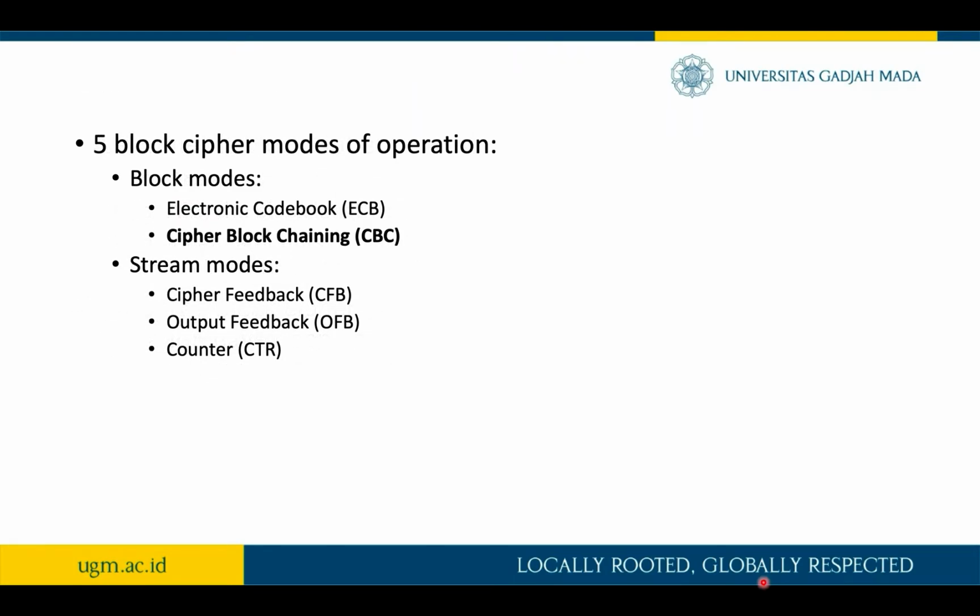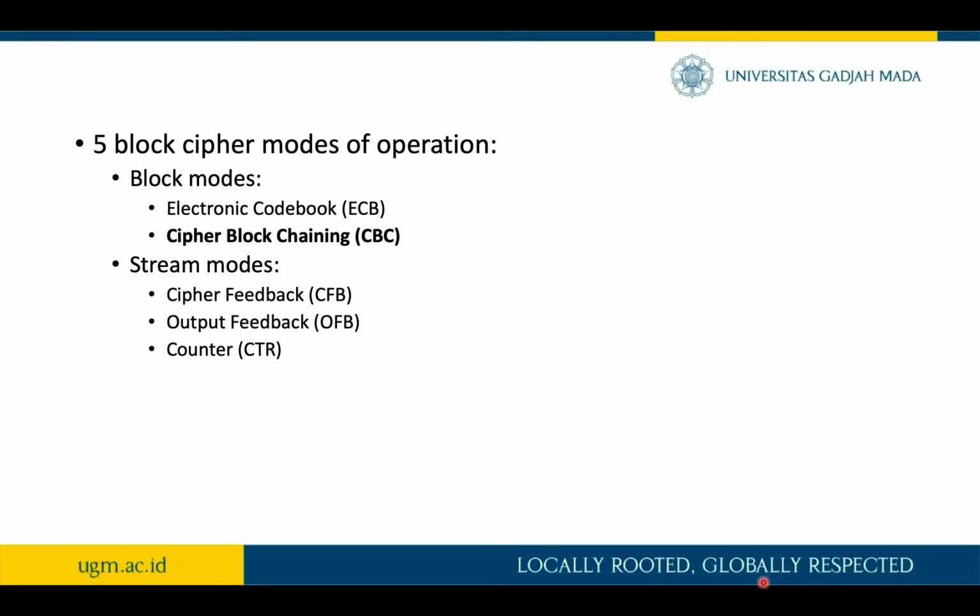The 5 block cipher modes of operation are categorized into 2. The first one is block modes. The second one is stream modes. For the block modes, we have electronic codebook and cipher block chaining. For the stream modes, we have cipher feedback, output feedback, and counter.